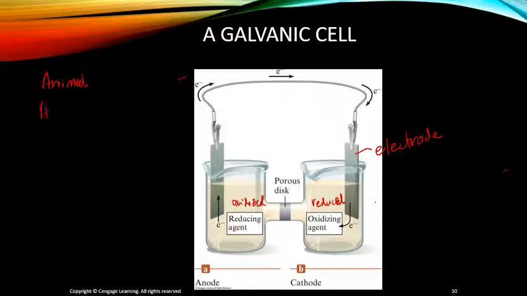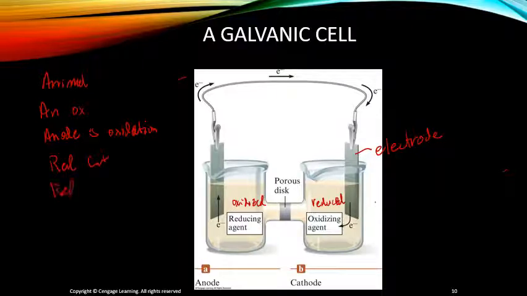So we have an ox, where we know that the anode is oxidation. And we have red cat, reduction is at the cathode.